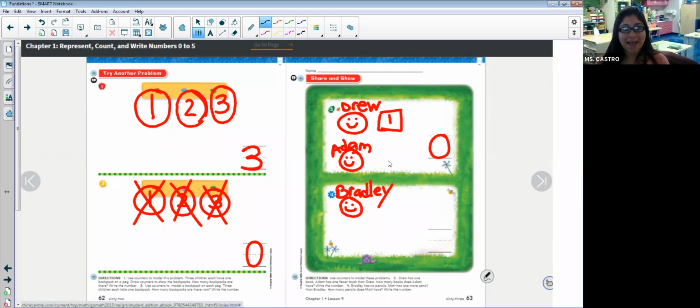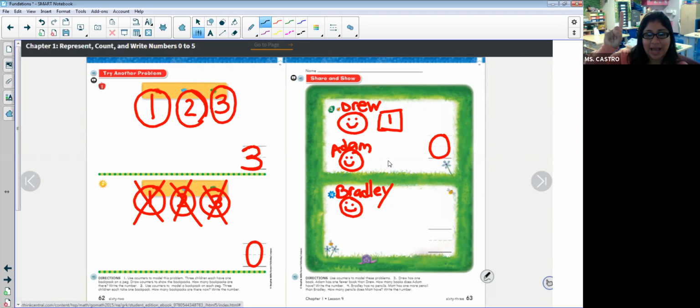But then his friend Matt, they said Matt has 1 more pencil than Bradley. So Bradley, if you look on the screen, boys and girls, Bradley had no pencils. 0. So I keep my hand closed. But they said that his friend Matt has 1 more pencil than Bradley. So when you pick up 1 finger, it's showing you how much Matt has.